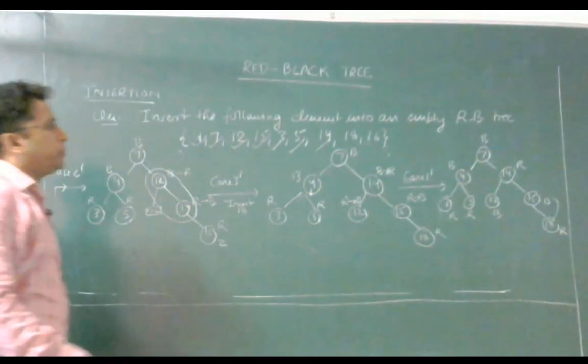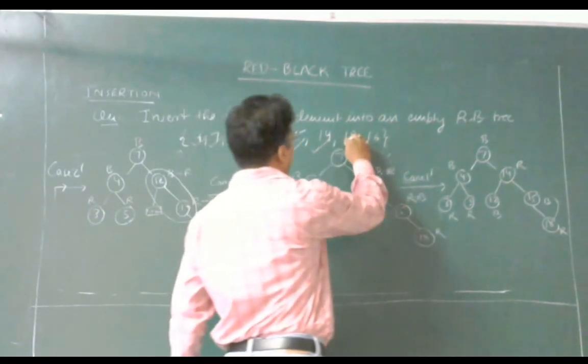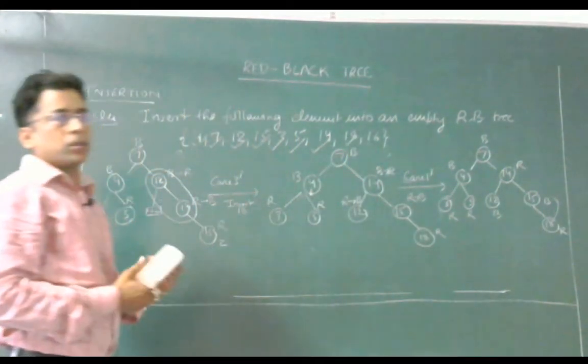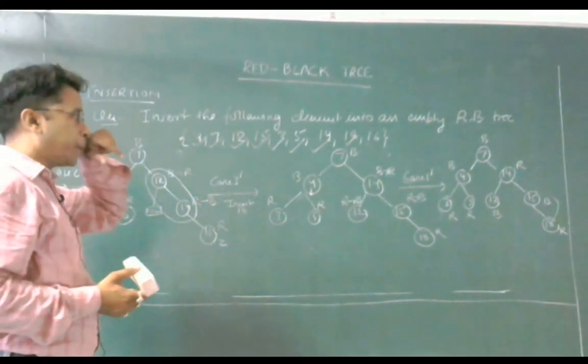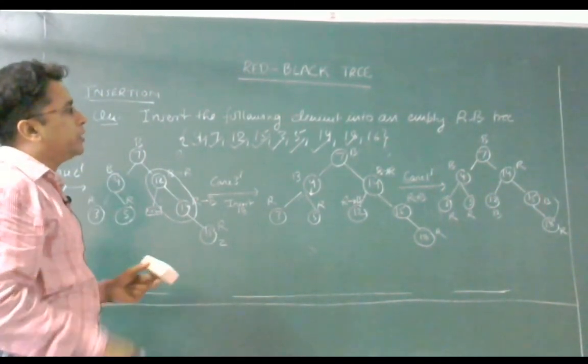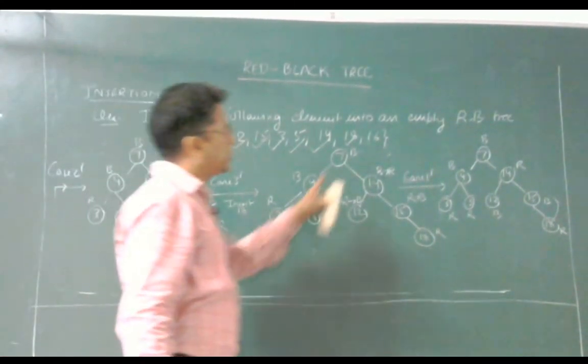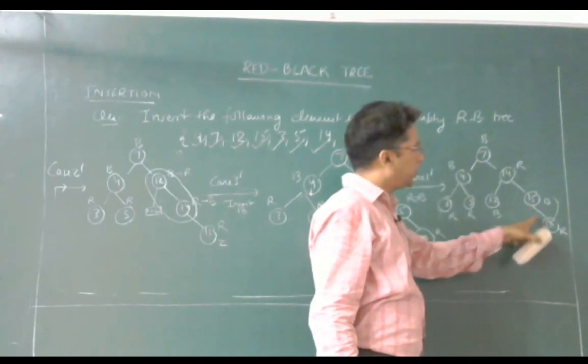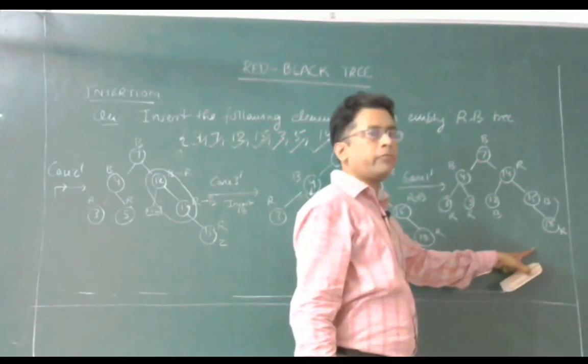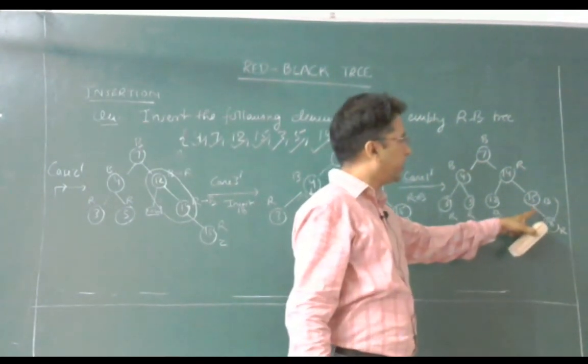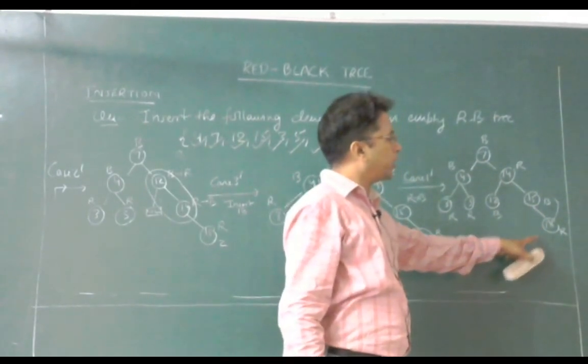Now the last element that is left to insert is number 16. So in this case, when you will insert 16, 16 will be the left child of 18, because it is greater than 15 but smaller than 18.